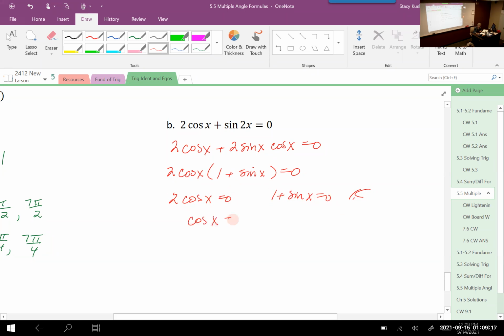So on the left, cosine x is equal to 0, or x is equal to pi over 2 and 3 pi over 2. Here sine x is equal to -1, and so we find x is equal to 3 pi over 2 as well.